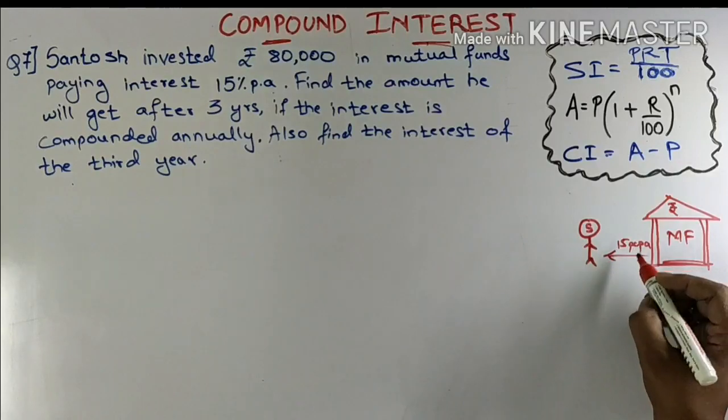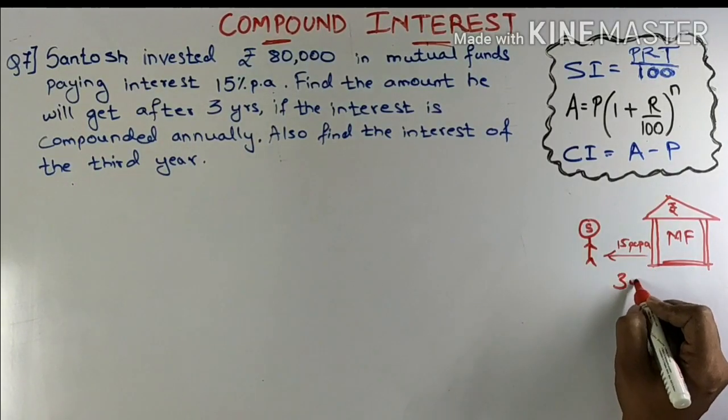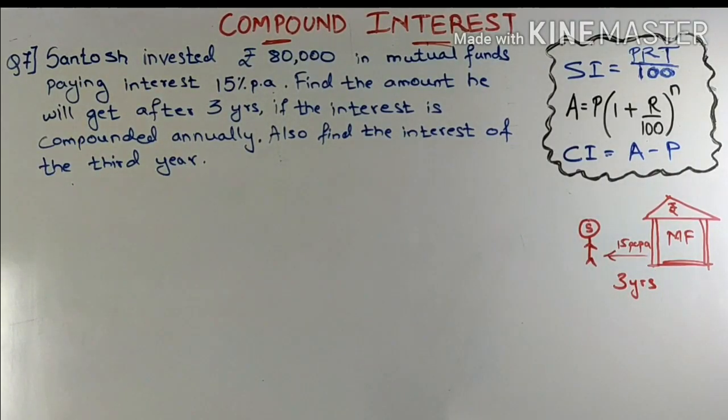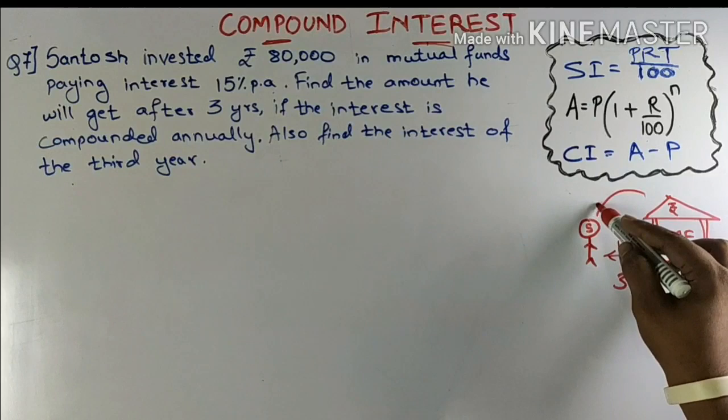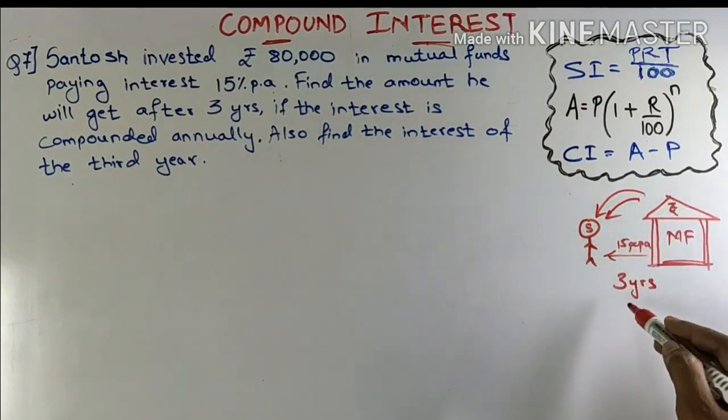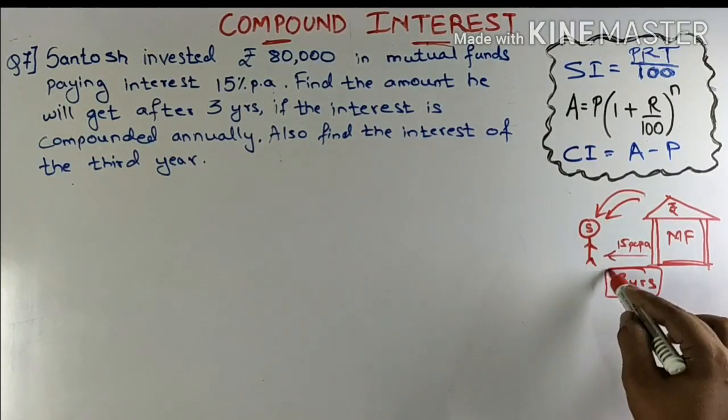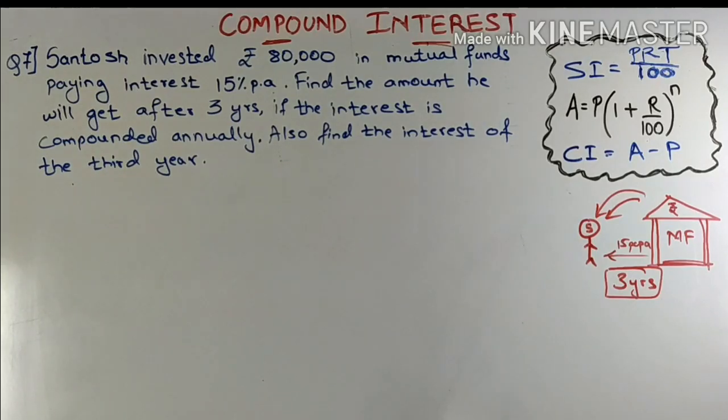So he has invested there for a period of 3 years. After compounding annually, we are supposed to find what amount he gets in all after 3 years. Let's begin.